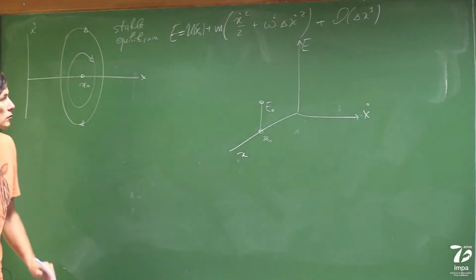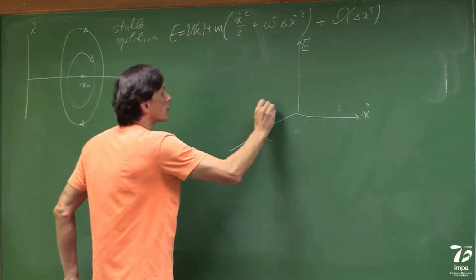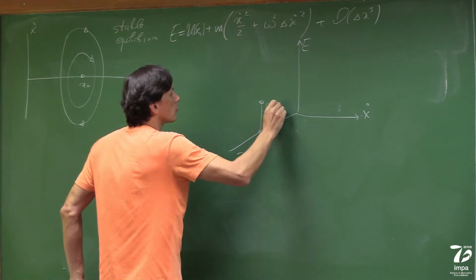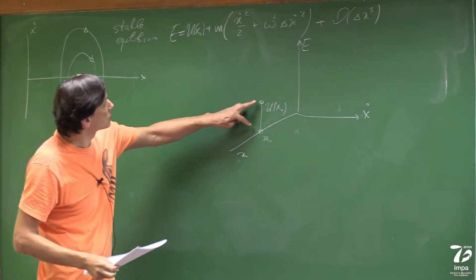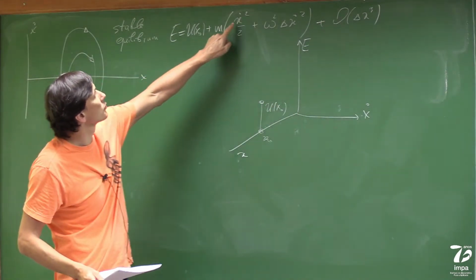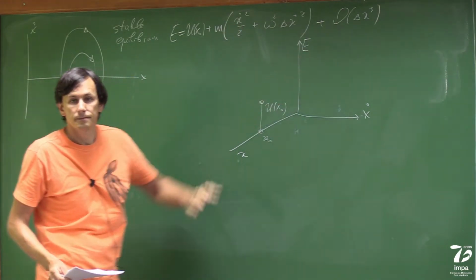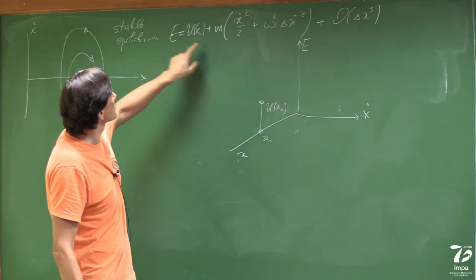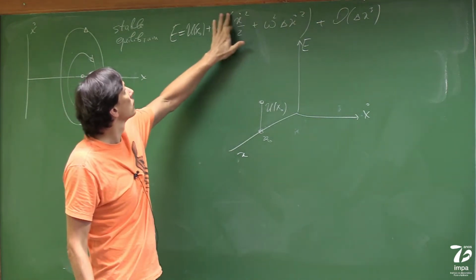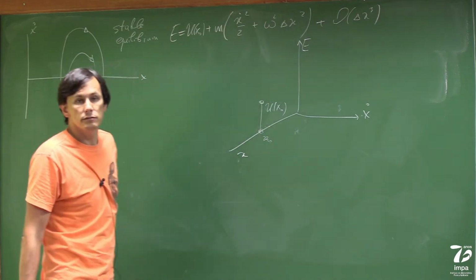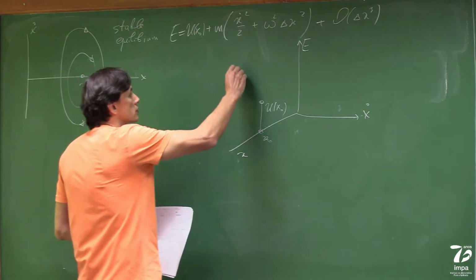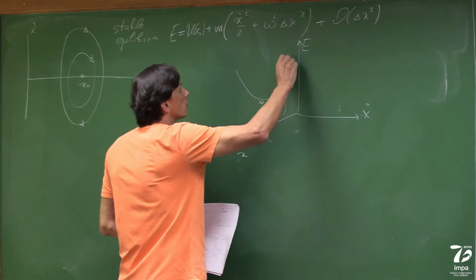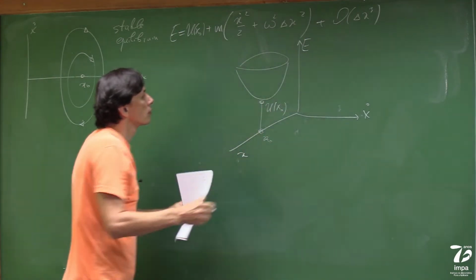This is U0. This is our energy at the equilibrium, because in equilibrium there is no velocity and the rest is 0. And then around the equilibrium, the energy is described by a sum of squares, which means that locally this point is a minimum.